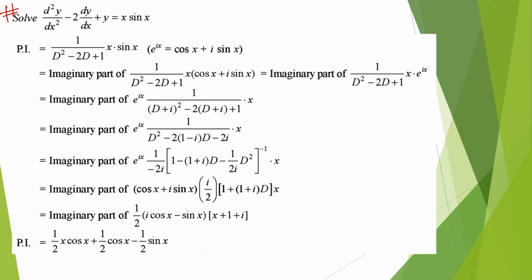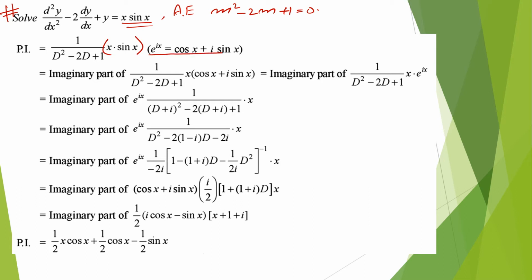For the CF, the auxiliary equation is m square minus 2m plus 1 is equal to 0. You just have to find the roots and calculate the CF. For the PI, it is 1 over D square minus 2D plus 1 times x sin x.